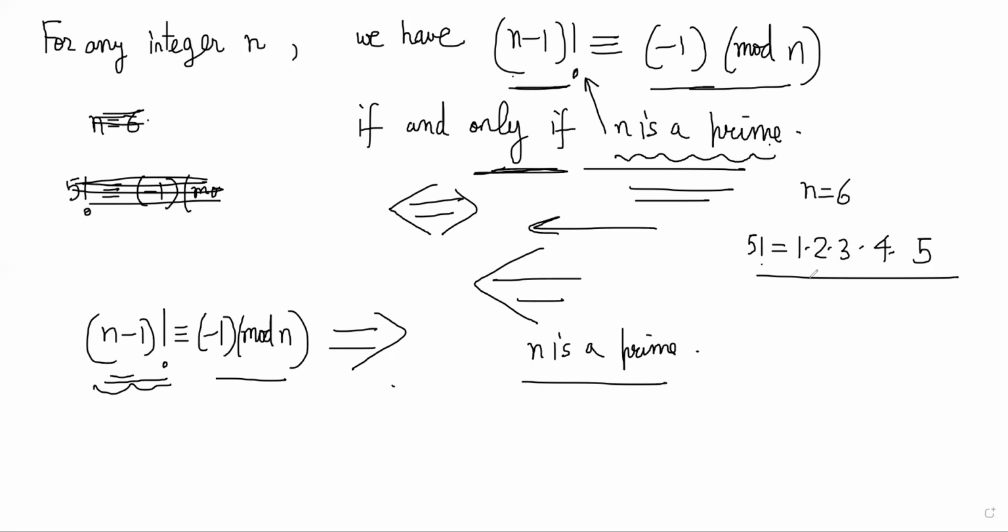The reason is that this and this multiply and get 0 mod 6. So can we prove in general that (n minus 1) factorial will always be divisible by n? Not necessarily.